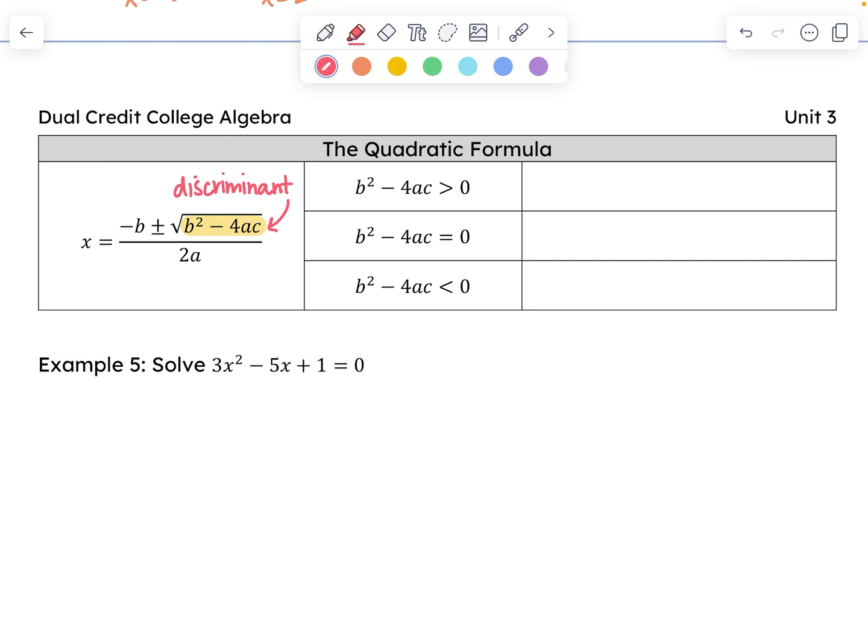If the discriminant is greater than 0, that means that we have two real solutions. If my discriminant is equal to 0, that means that I'm only going to have one real solution.